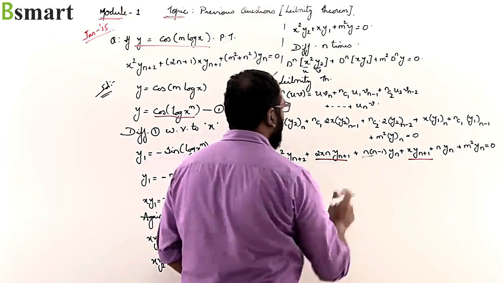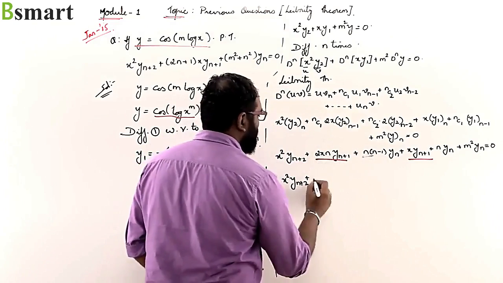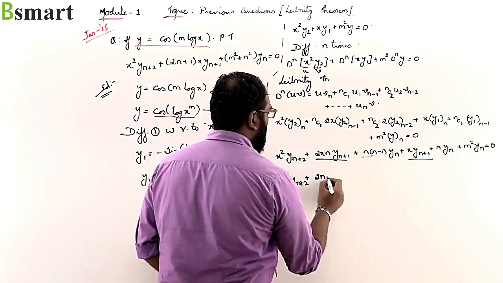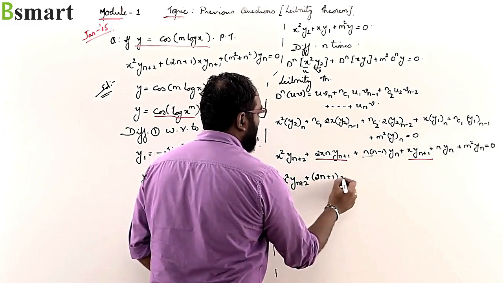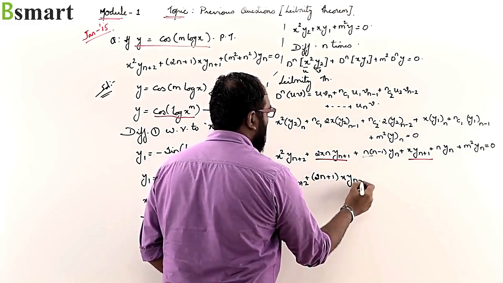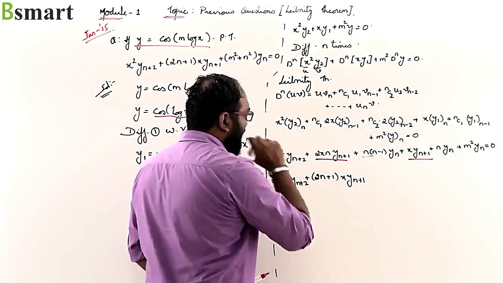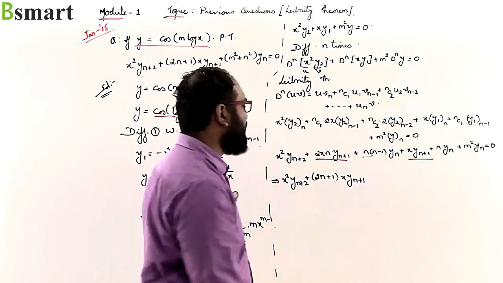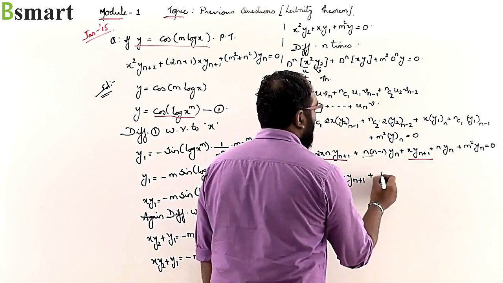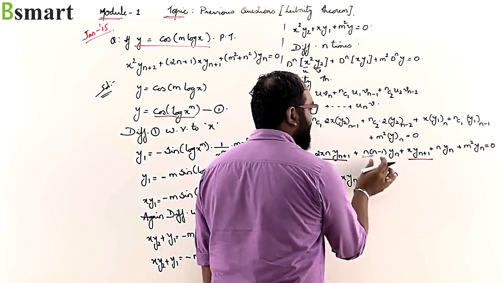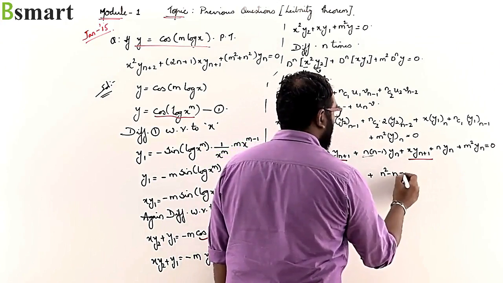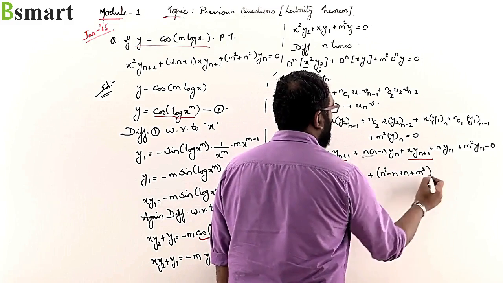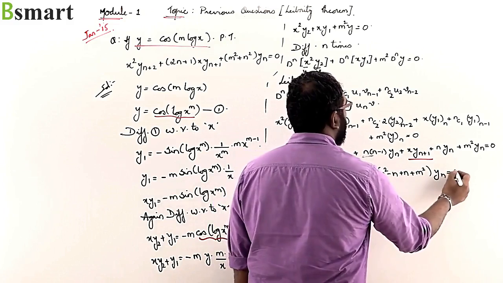If you are taking x into yn plus 1 common, then here it will be 2n plus 1 into x into yn plus 1. Now again from all these three terms I'll take out yn common, so then that will be plus n square minus n plus n plus m square into yn is equals to 0.